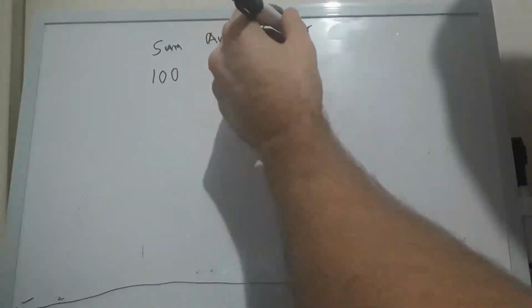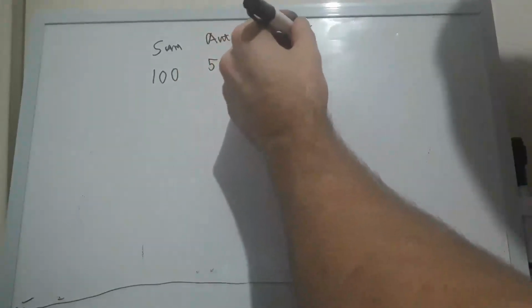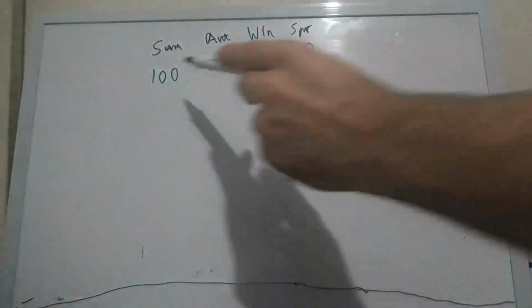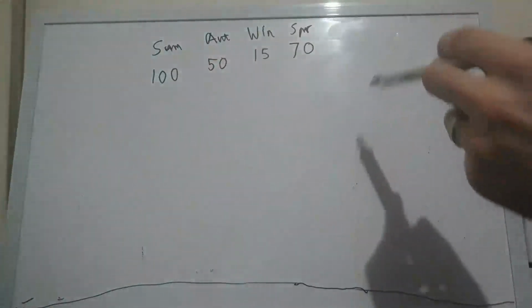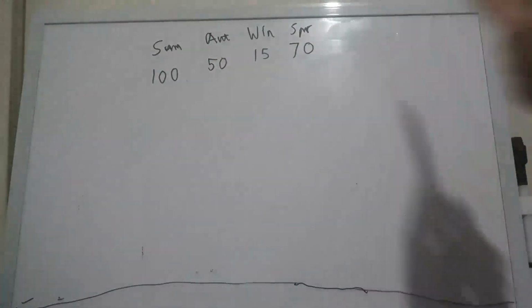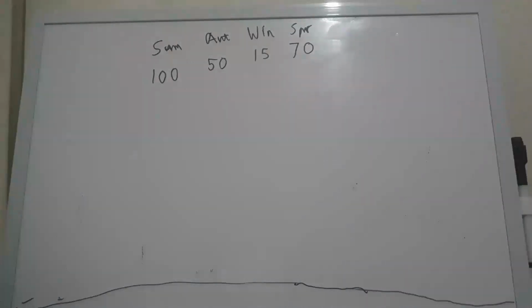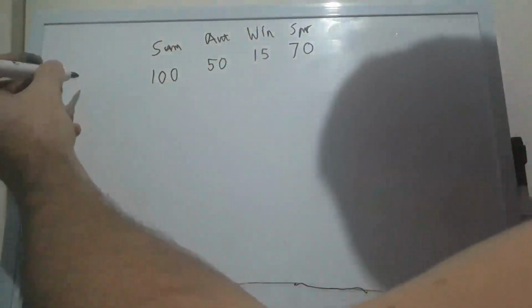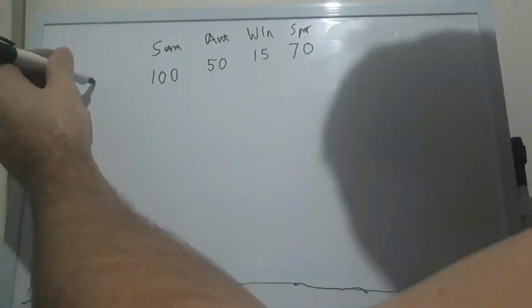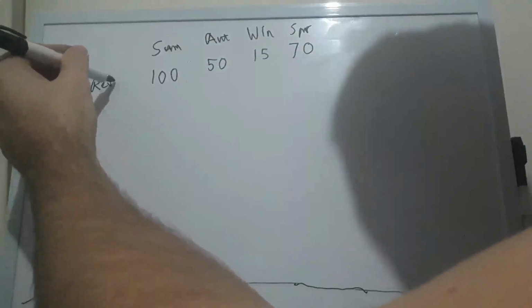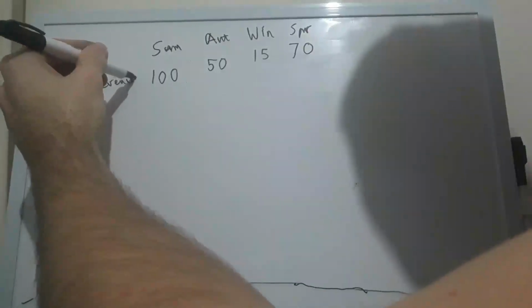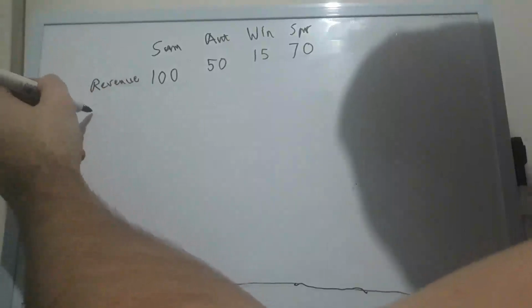Then spring, things pick up again, maybe up to 70. So 100 grand in summer, 50 grand in autumn, 15 grand in winter, 70 grand in spring. Now, this will be your revenue, or the amount of money that you bring in from sales.